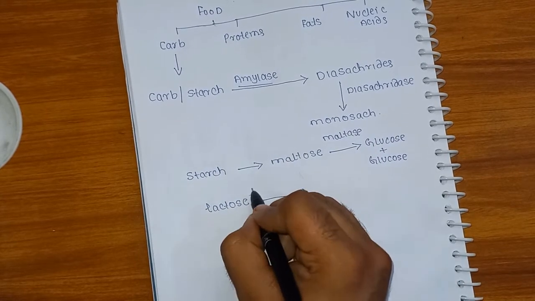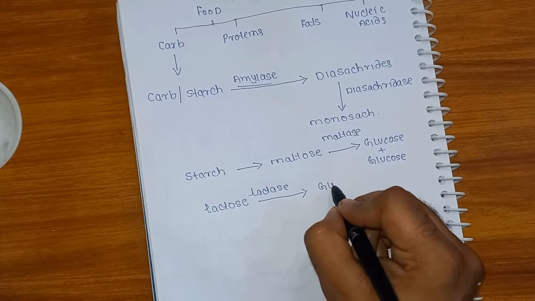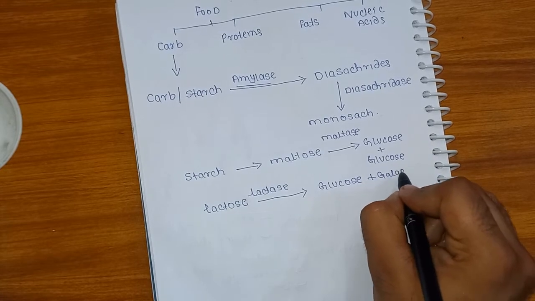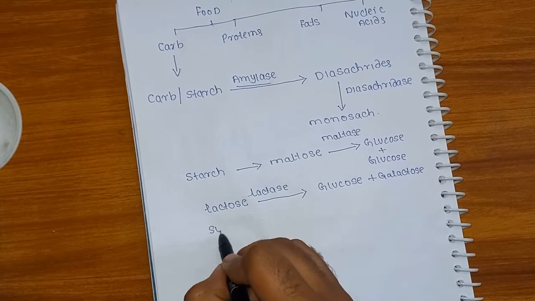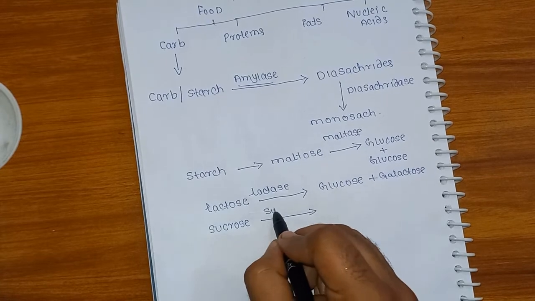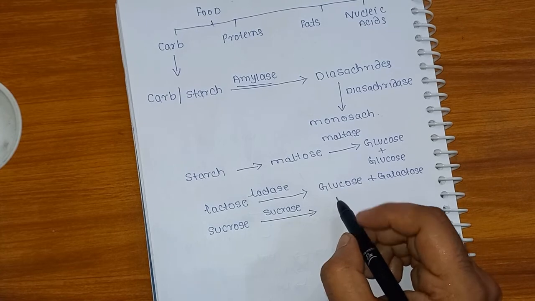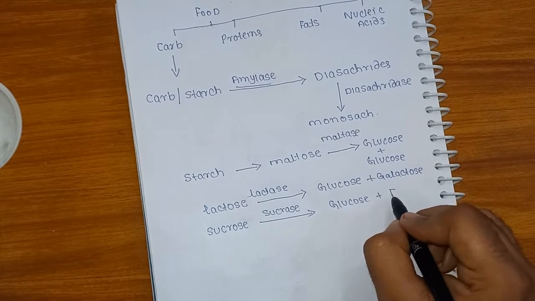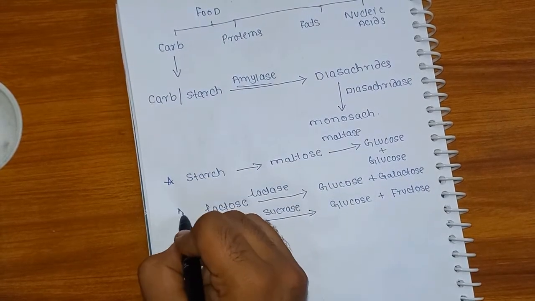Lactose is acted upon by lactase enzyme and converted into glucose plus galactose. Then the third example is sucrose, acted upon by sucrase and converted into glucose plus fructose. These three examples can be asked in your NEET exams.